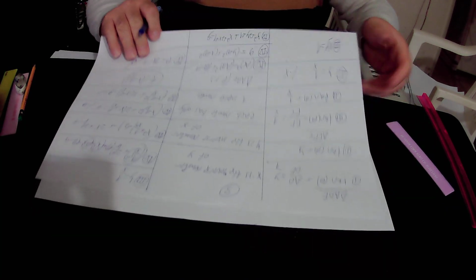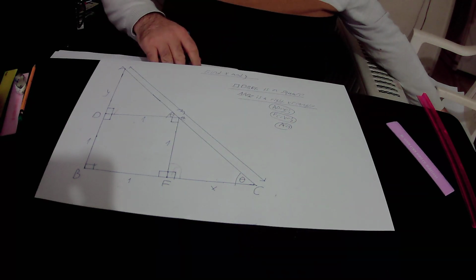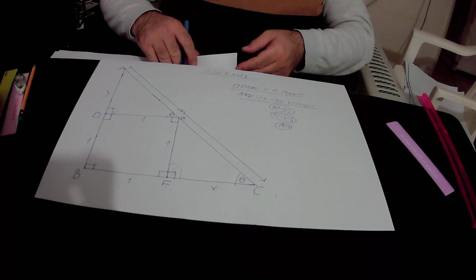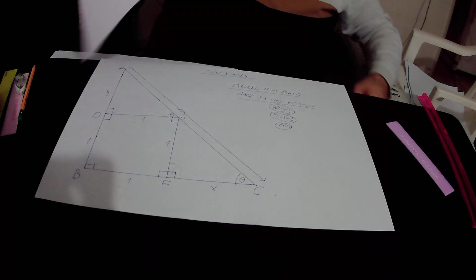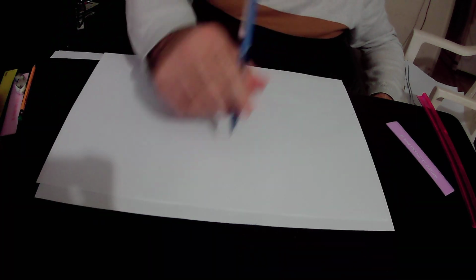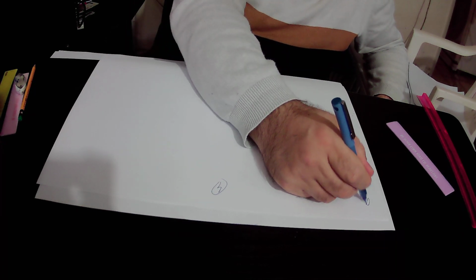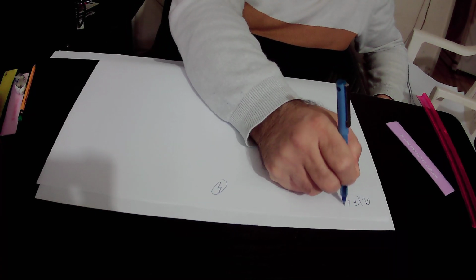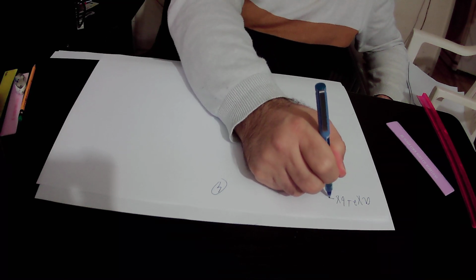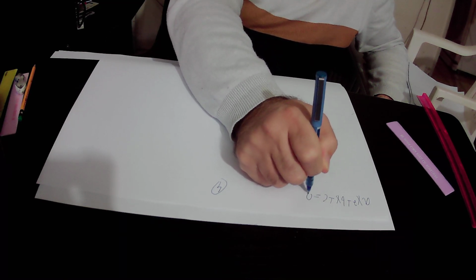The general formula for a quadratic equation is ax squared plus bx plus c equals 0.